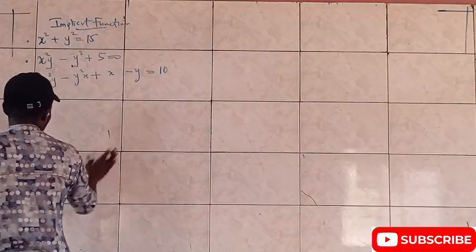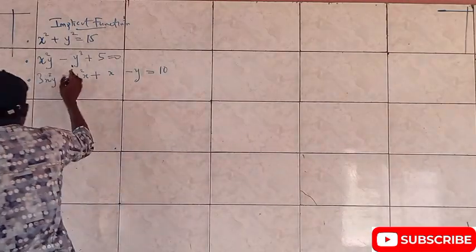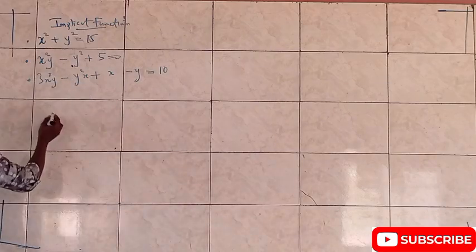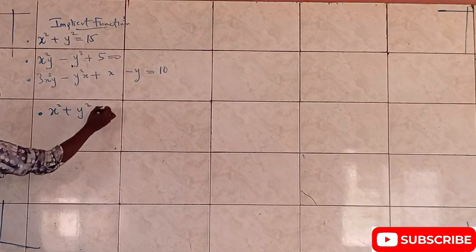So if I was asked to find my dy/dx of the following, especially if I was using this form, maybe solve for dy/dx of these, what do I do? I was given, say, x squared plus y squared equals 15.